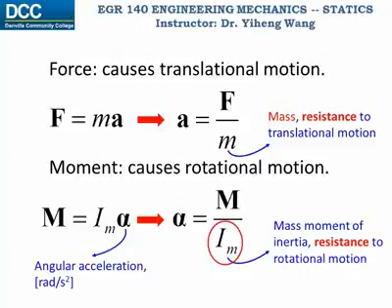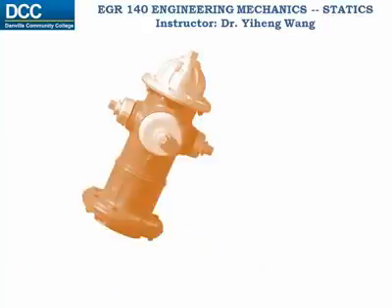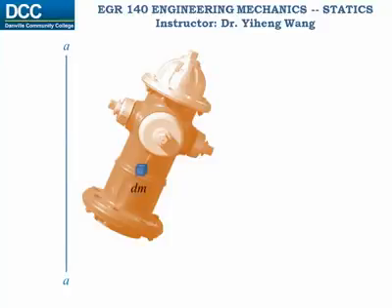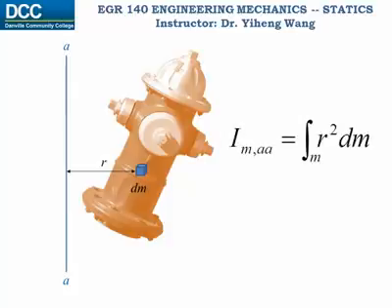How is it defined? Just like a moment caused by a force, the moment of inertia is always calculated about an axis, say axis AA. On the rigid body, for an arbitrary differential element with the mass dm, we can find the perpendicular distance between it and the axis, r. And the mass moment of inertia about this particular axis AA is the integration of r squared times dm throughout the entire body.